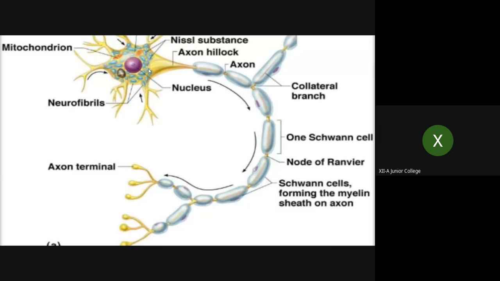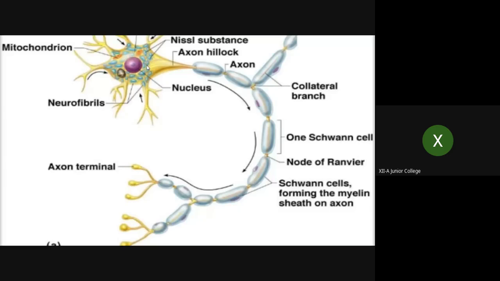neurofibrils. One more thing I forgot to tell you, which is a very important part of the cyton, is called Nissl's substance or Nissl's granules. That means you can see these yellow colored bodies. These are called Nissl's granules. They are nothing but part of the ribosomes, meaning they are produced from the ribosomes, the site. What is the main function of ribosomes? They are made for the process of protein synthesis.